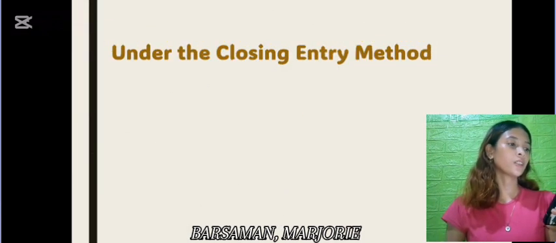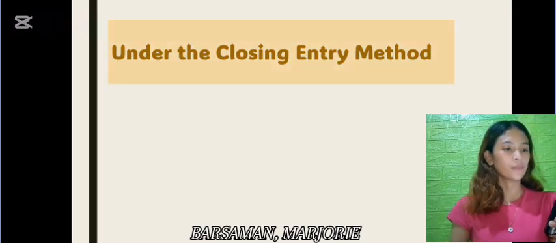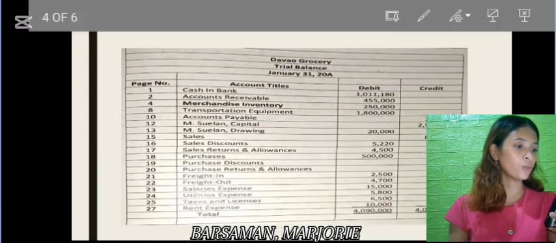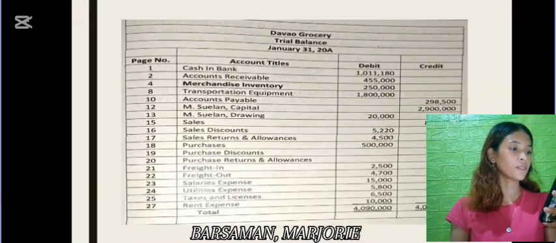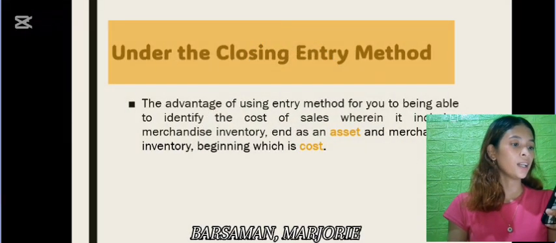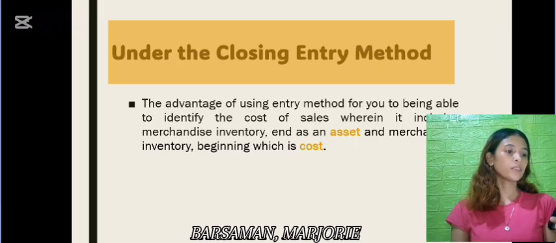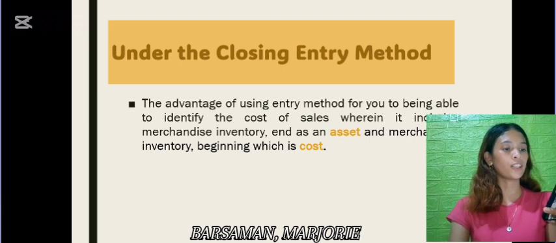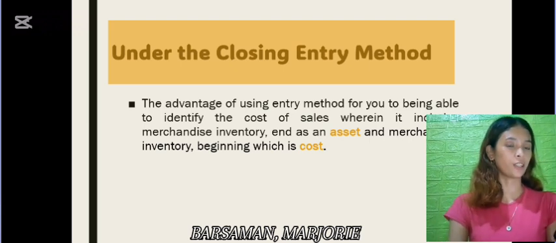Next is the closing entry method. The advantage of using this method is being able to identify the cost of sales, wherein it includes the ending merchandise inventory as an asset and the beginning merchandise inventory as a cost. It explains the benefits of using the closing entry method for adjusting merchandise inventory.